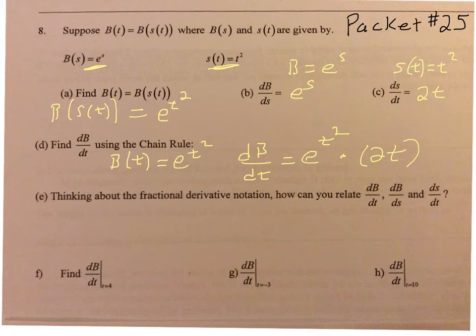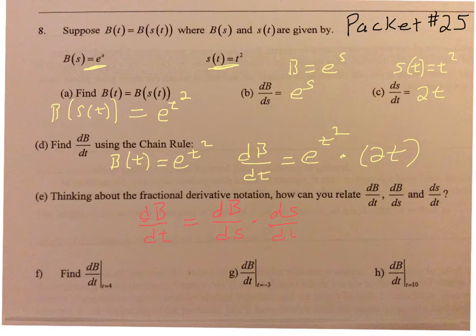So with part E, thinking about the fractional derivative notation, how can we relate those two fractions? Well, if I think about putting those three fractions together, how could I mathematically make them somehow be an equation? Well, if I take dB/dt, it's equivalent to dB/ds times ds/dt.